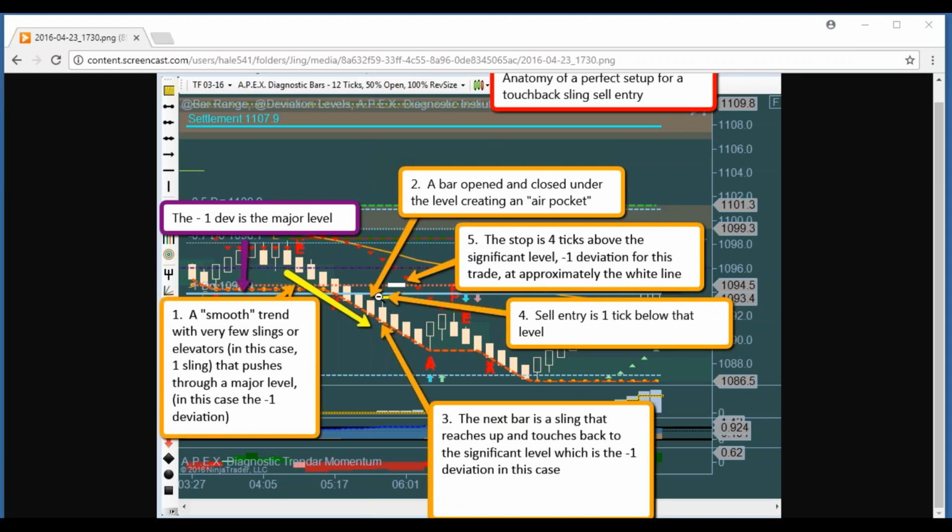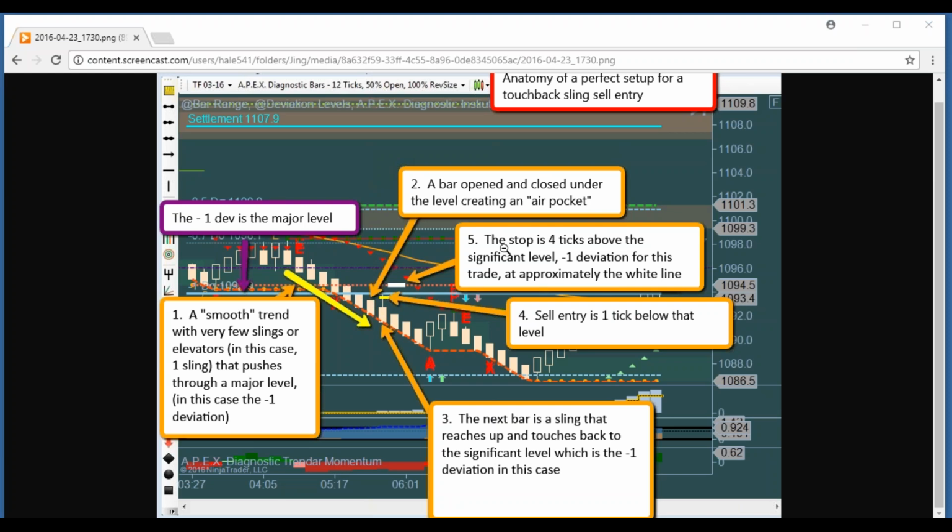What if we put our order right here, one tick below the level? That makes sense? Because with this setup, what are we expecting? We're expecting it to come back, touch that level, and come on down. So I've got my order right here, one tick below the level.